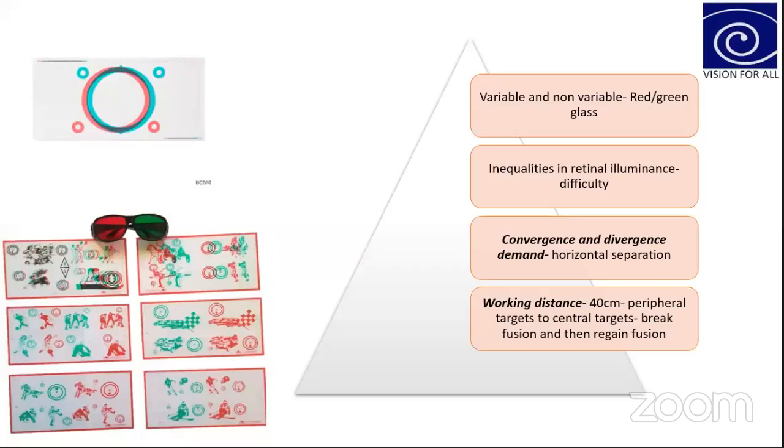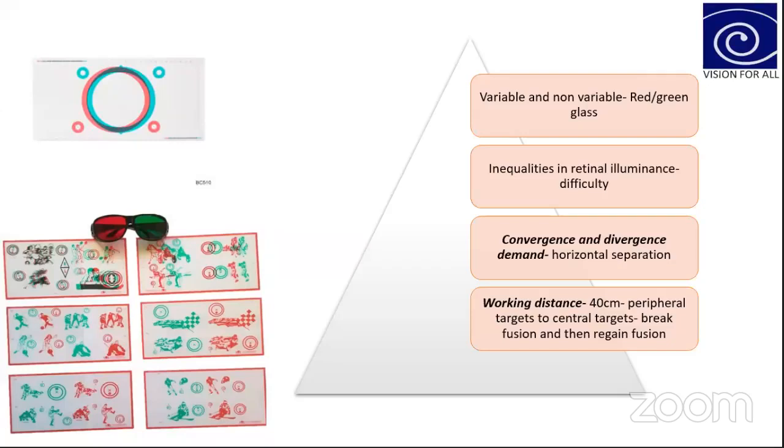But that is not the case in non-variable anaglyphs. Here there is a direct demand of convergence and divergence. So the patient should fuse the first image, then jump to the other image, like that.